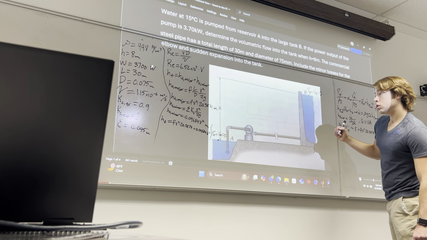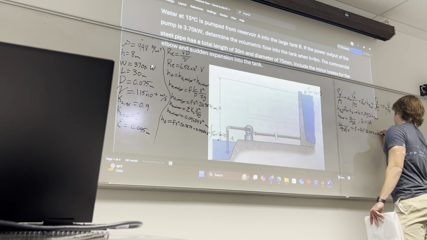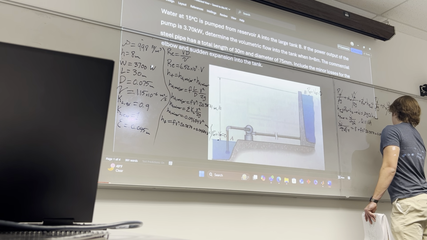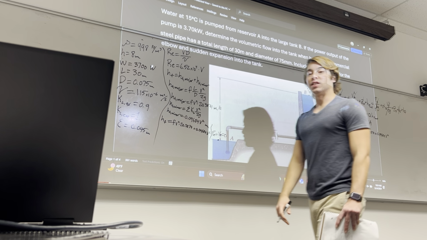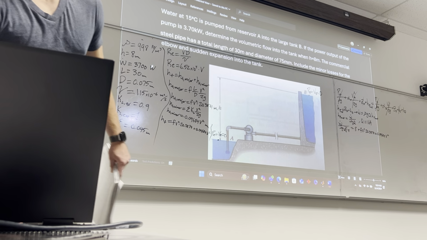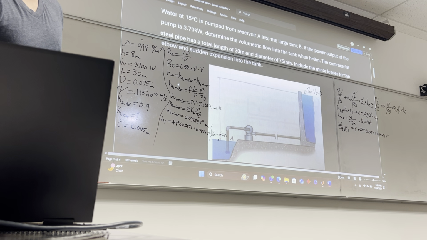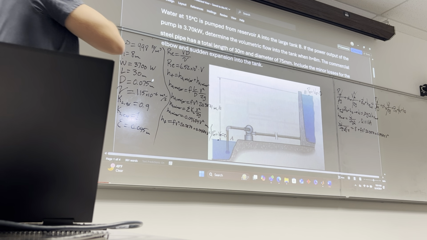Plus 0.09 since it equals. All right, okay, and so now, obviously, if we plug in all those other numbers, we can get the H pump sitting there.